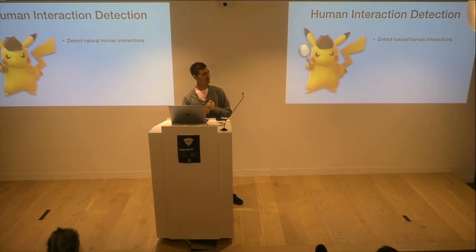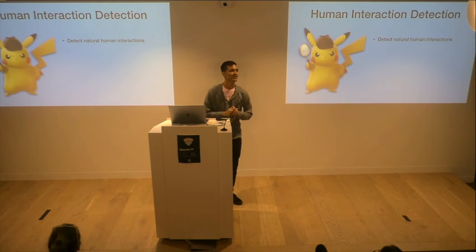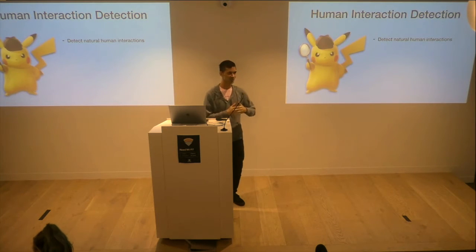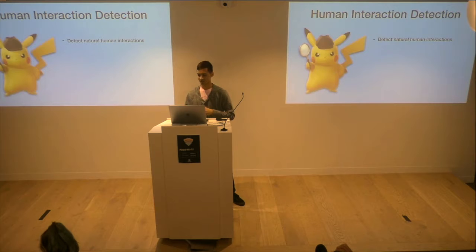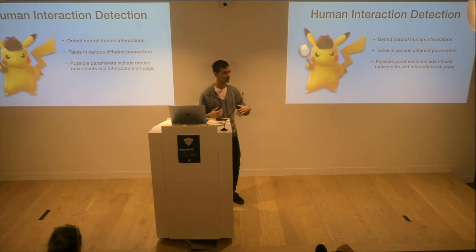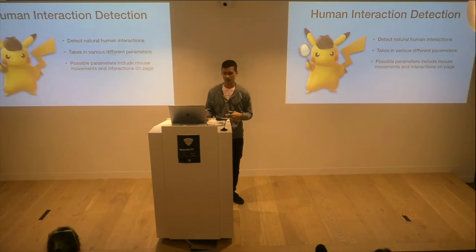Next, we've got human interaction detection. This method is basically detecting natural human interactions on the page. This is done by taking in various different parameters, including things such as mouse movements and interactions on the page.